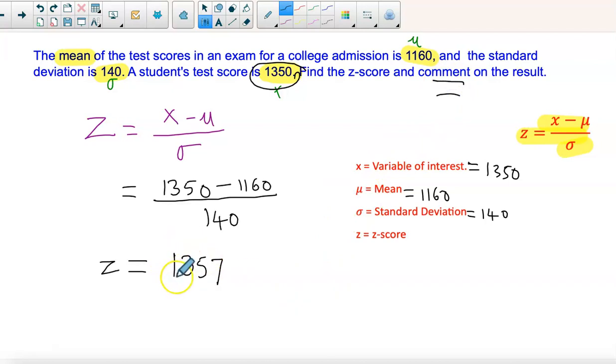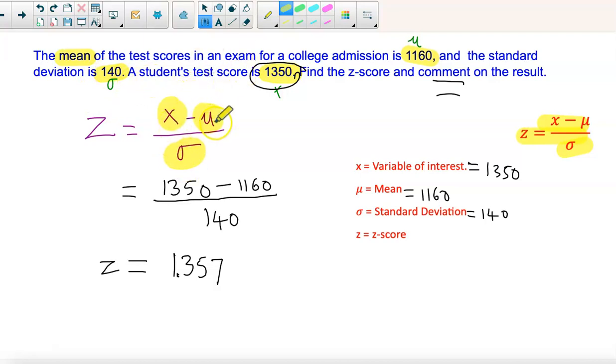So this z-score is telling me that this value of x, 1350, is 1.357 standard deviations away. You are dividing by the standard deviation, right? The difference between the x value, the variable you are talking about, and the mean, the average of the scores from all the students.